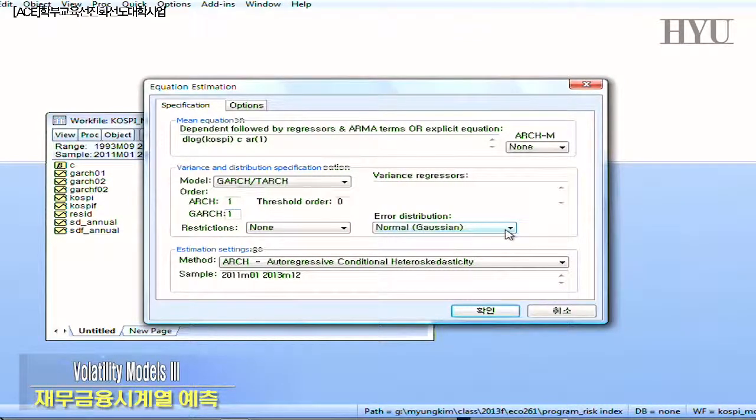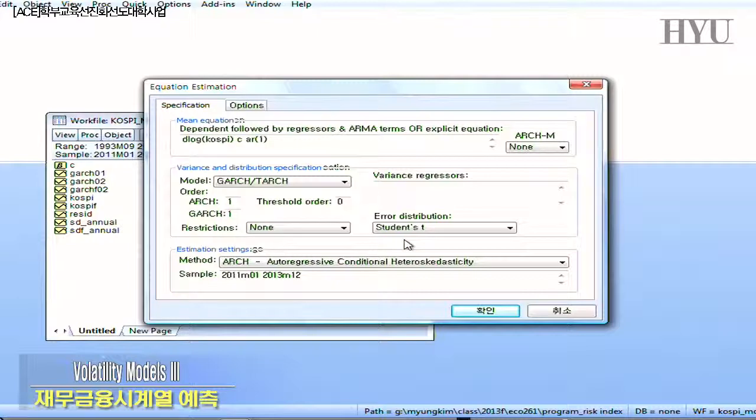This one, the error distribution: by default the model is the normal distribution, but of course you can pick something like a Student t distribution. By allowing a GARCH-type effect, you are trying to explain the leptokurtic feature of the empirical distribution.